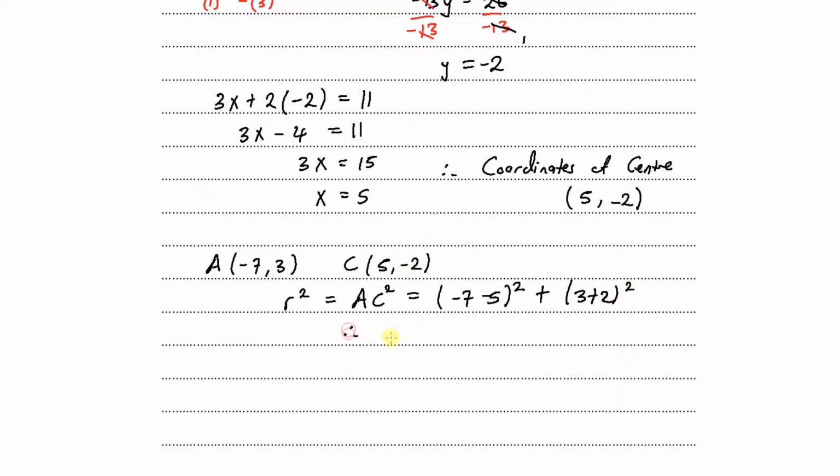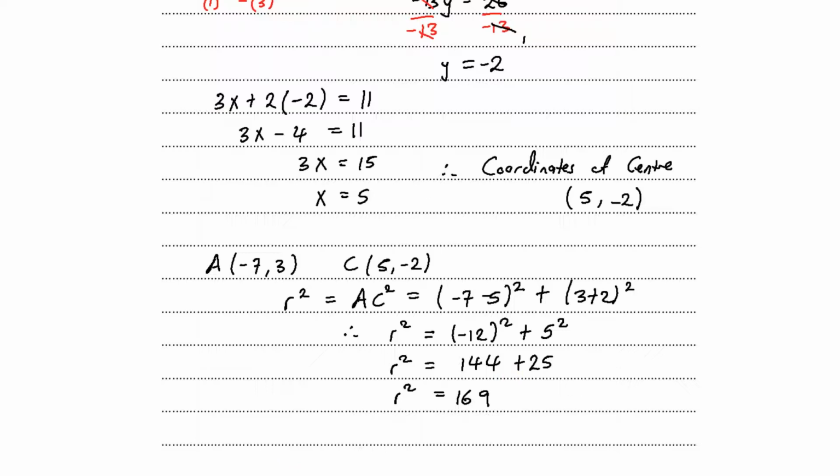So it therefore means that r squared is equal to minus 7 minus 5, that's minus 12 squared, plus 3 plus 2 is 5, so that's 5 squared. So this will give us 144 plus 25. So r squared is equal to 144 plus 25 is 169.